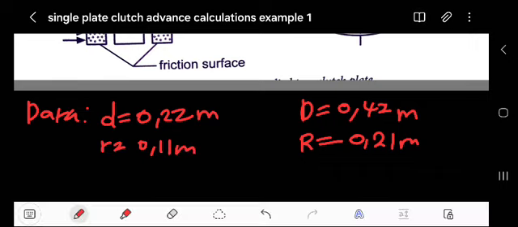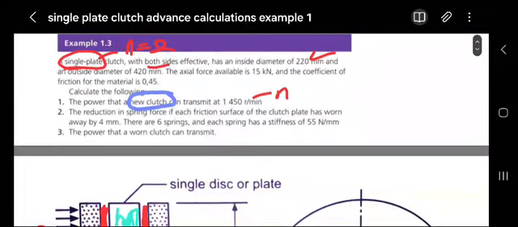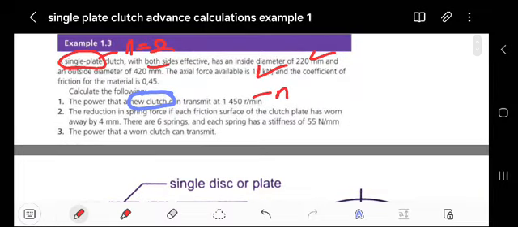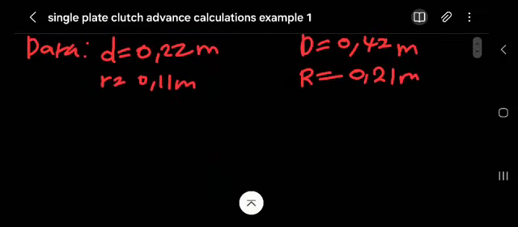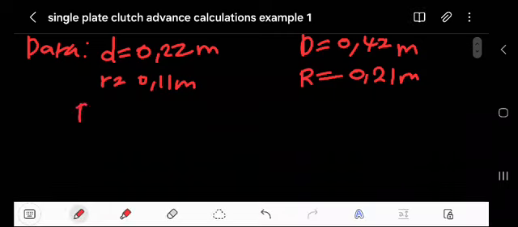Then what else are we given? Axial force, FA, is 15 kilonewtons. What else are we given?